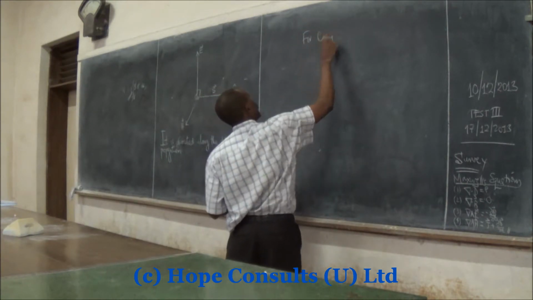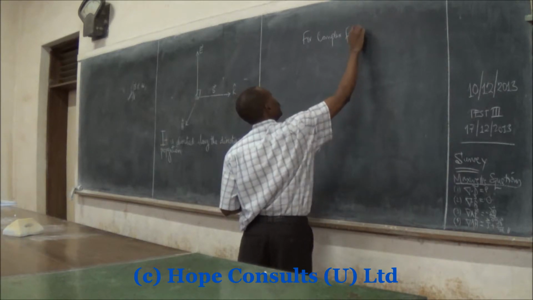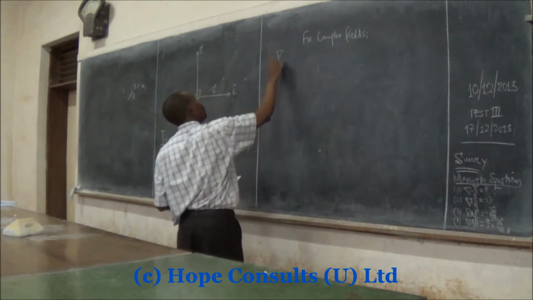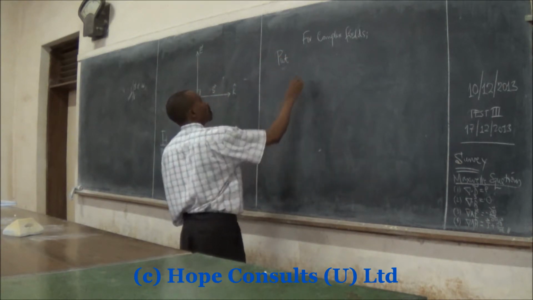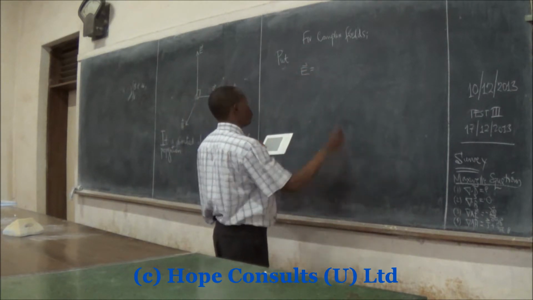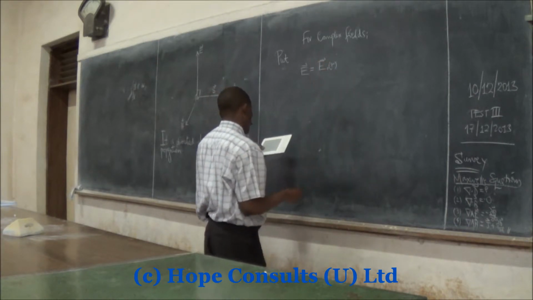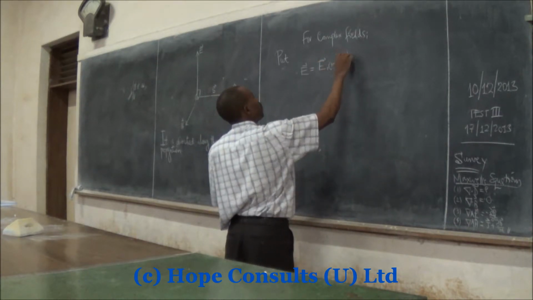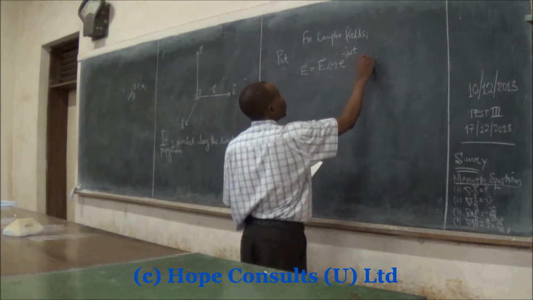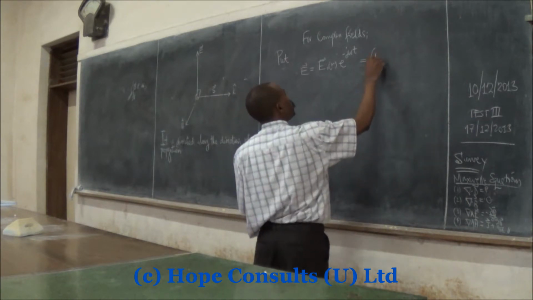For complex fields, meaning for complex E and H, we put these fields, for example, for E, in our complex variables, which is E naught of R, and then we have exponential minus j omega t, which can be taken as E1 plus j E2.